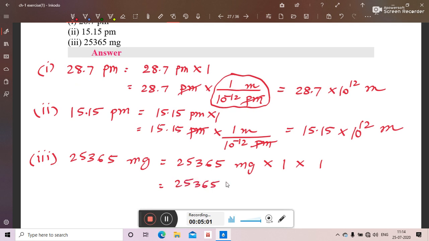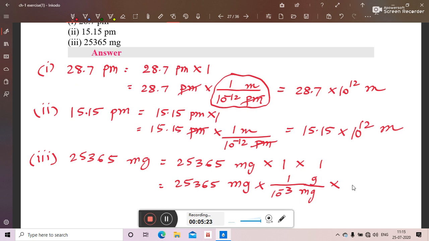Now the basic unit of mass is kilogram, so we have to convert milligram into kilogram. So first of all, let us convert milligram into gram. So relation between milligram and gram is that 10 raised to minus 3 milligram equal to 1 gram. So that our milligram can be cancelled.